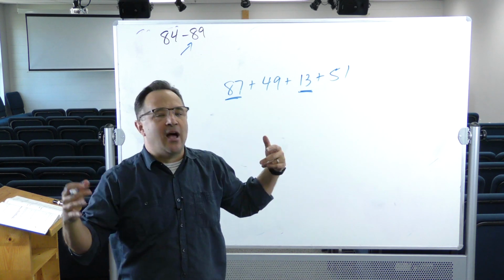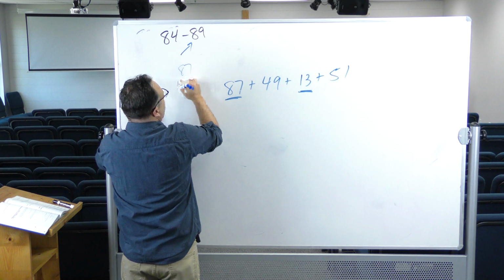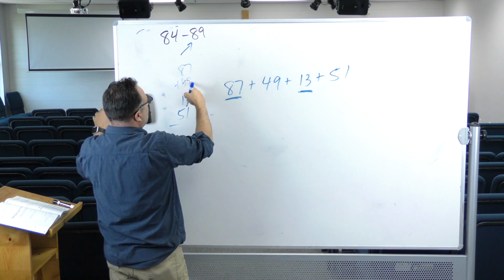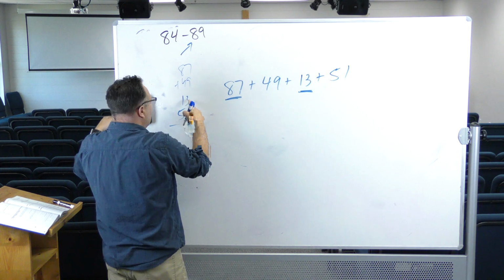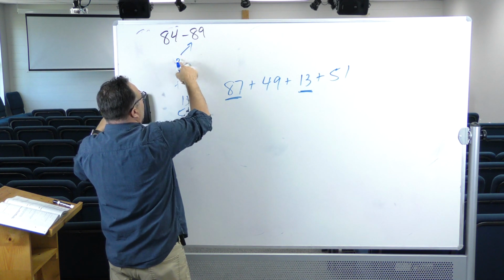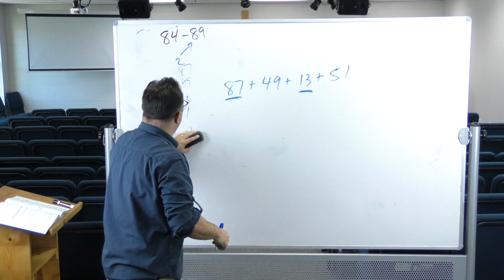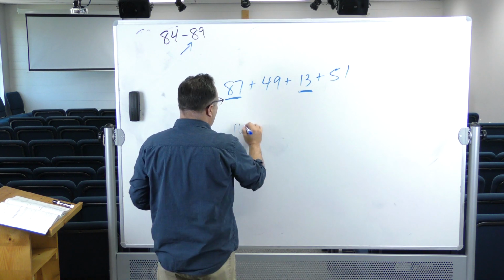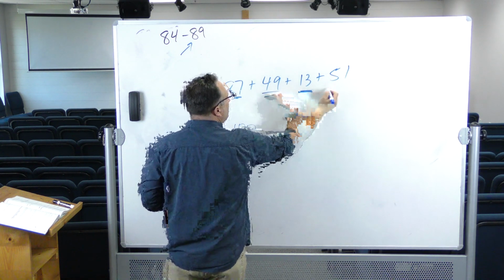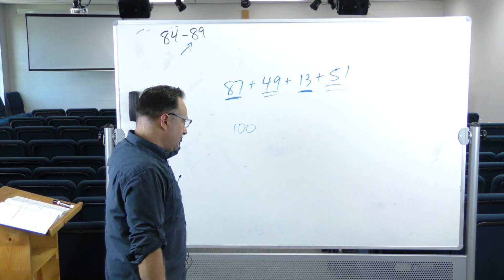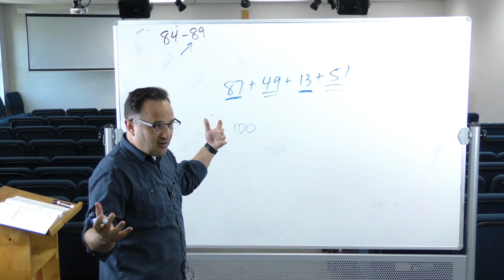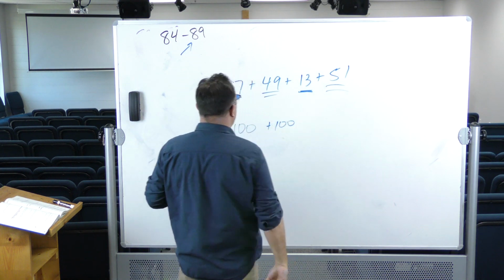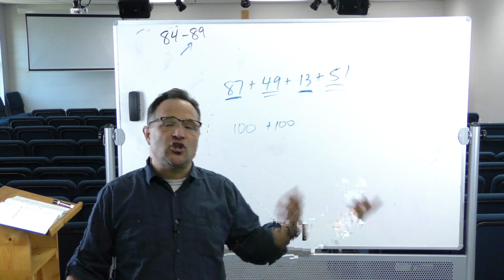I don't have to add all these up the long way, that's too much work. In my mind, that's got to be 100. And 49 and 51 together, that's like 50 and 50, and that's 100 also. So I'm saying 100 plus 100, that's 200.